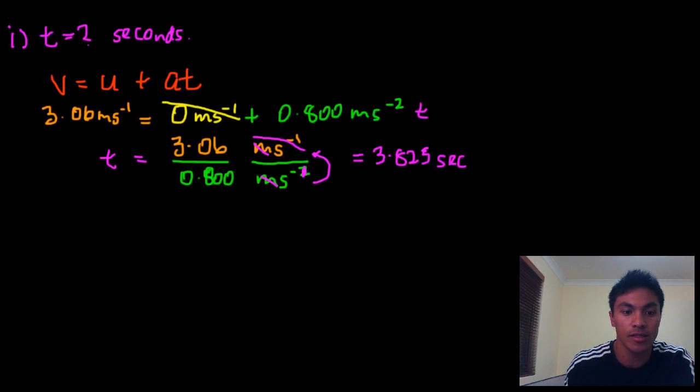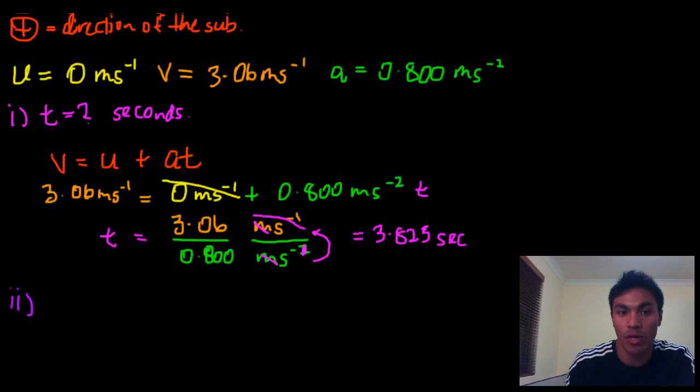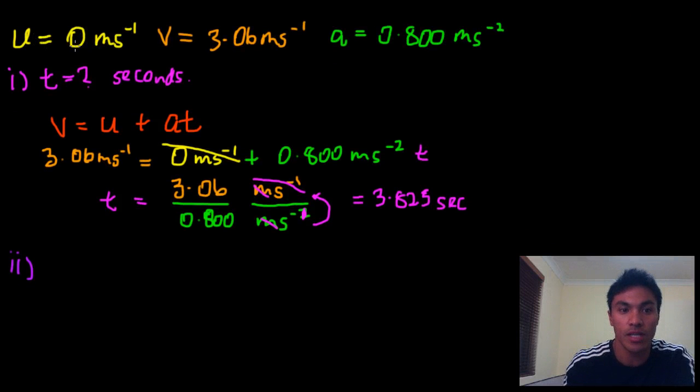So to the second part. Part 2, let's have a look. You want purple. From the top, we have all this information here. We have u, we have v, we have a, and we've just figured out t.